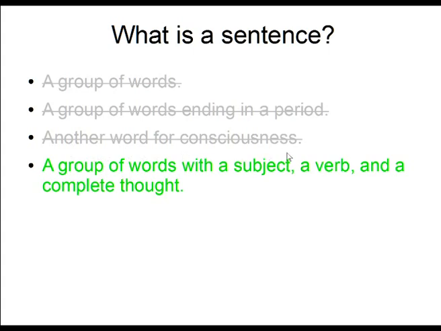This is referring to a different word, but the best definition here is that a group of words with a subject, a verb, and a complete thought is a sentence. I'm using periods here for these, but you shouldn't think that these are actually complete sentences. The periods are just there to show that this line is ending.